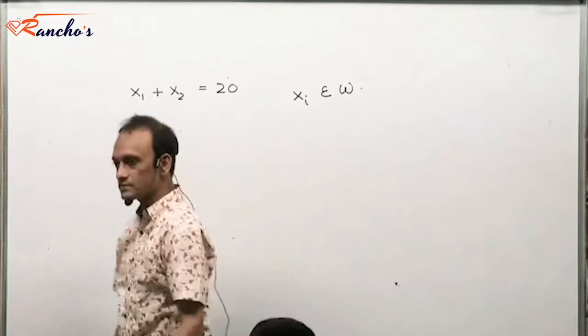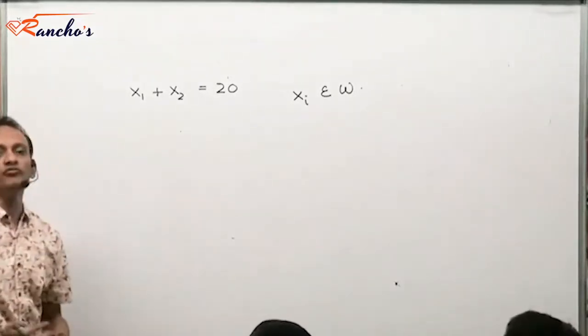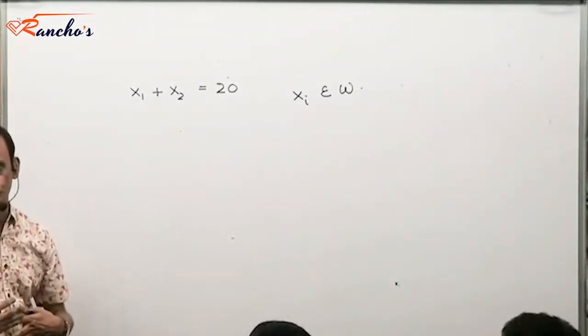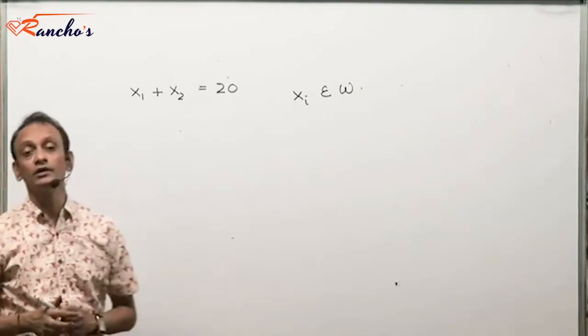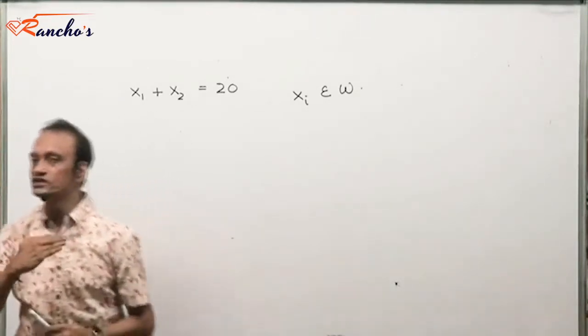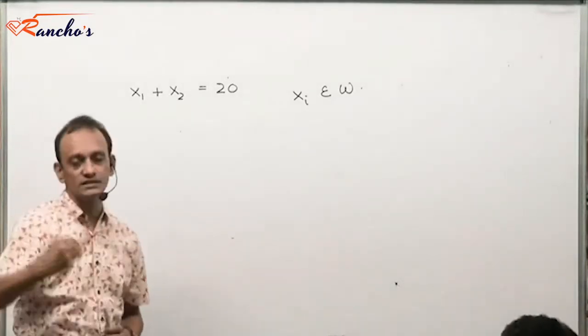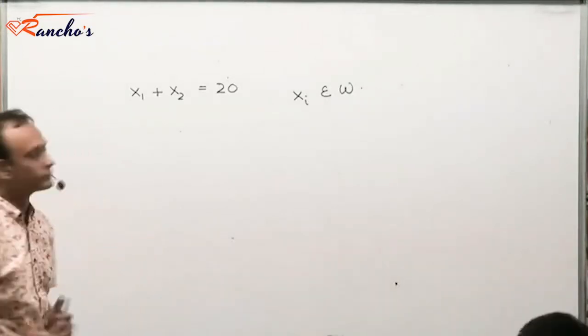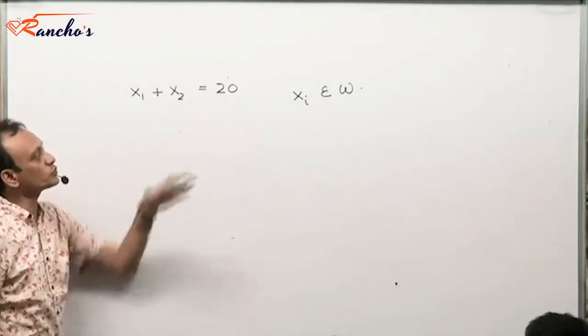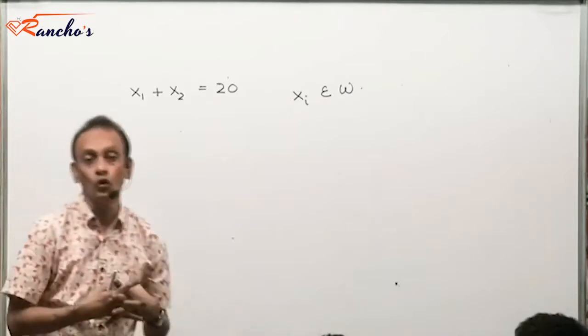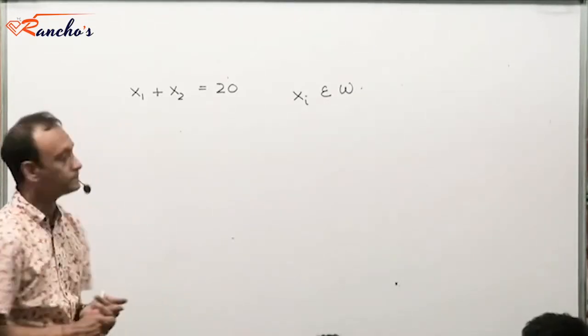I want to find the number of whole number solutions to this. One way I have already taught, but I want you to understand another way. I'll take a simple case and then make it a little more involved, right?